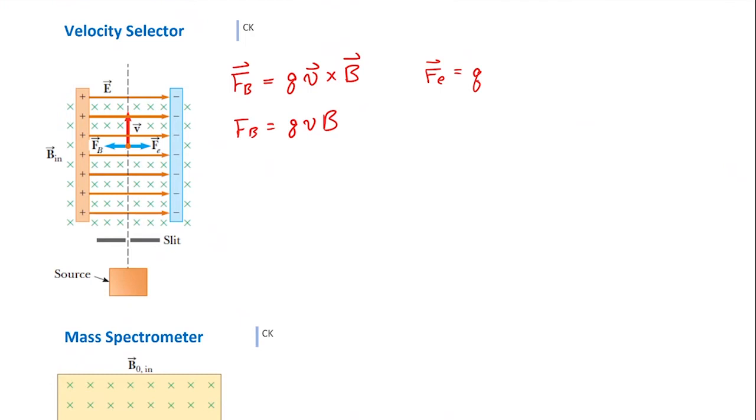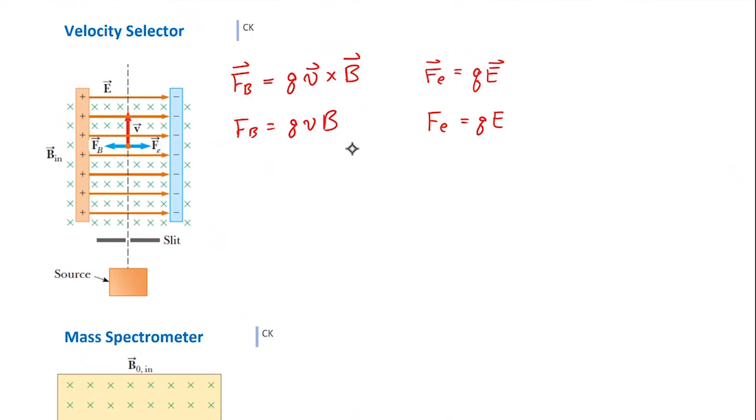It has to do with q, and then what else does it depend on? It's this. So that magnitude is equal to just q and then the magnitude of E. By the way, E and B are both known. We, the scientists, control our experimental apparatus.